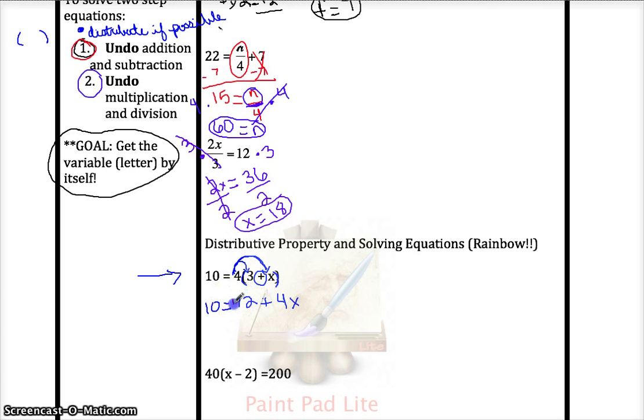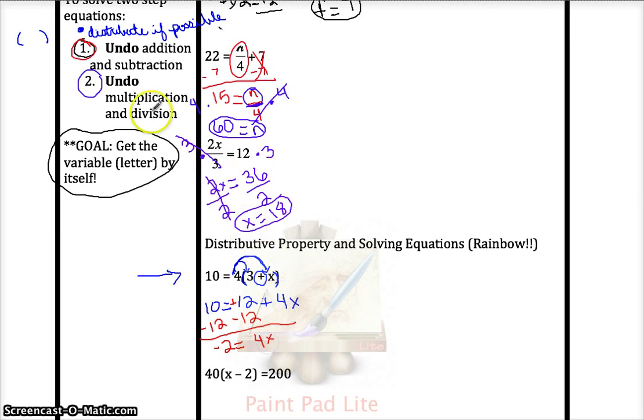This is a positive 12, so the opposite is subtracting 12. I subtract 12 from both sides. 10 take away 12 is negative 2. So negative 2 equals 4x.